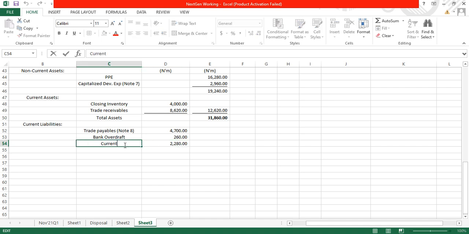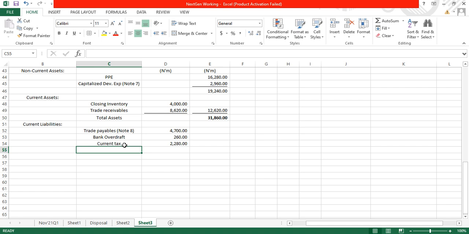No, we've considered our deferred tax now. But there's a difference between the current tax and the deferred tax. The current tax is a current liability, which means we have to pay it within a year.